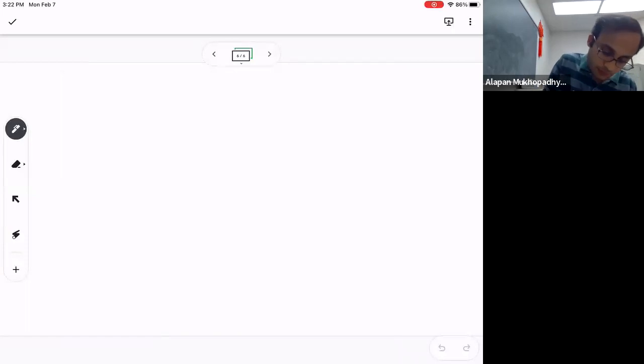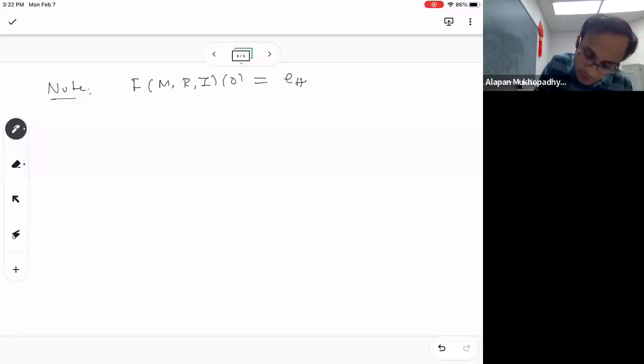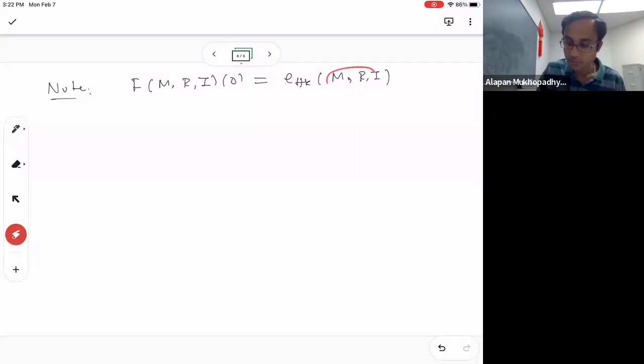So note that if I take the Frobenius-Poincaré function and evaluate it at 0, I end up getting the Hilbert-Kunz multiplicity of the module of this triplet, although I haven't defined what it is for a module. It's the exactly analogous definition.